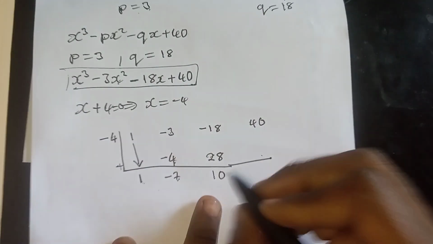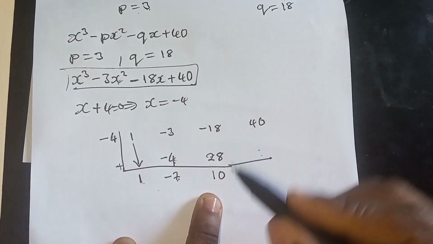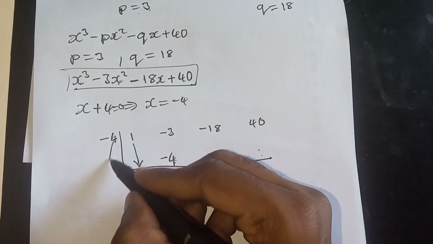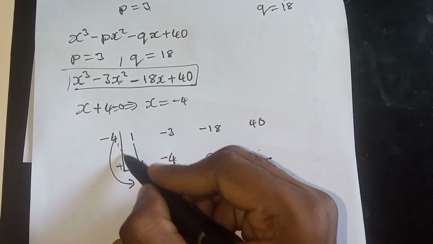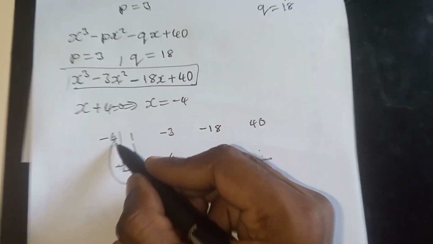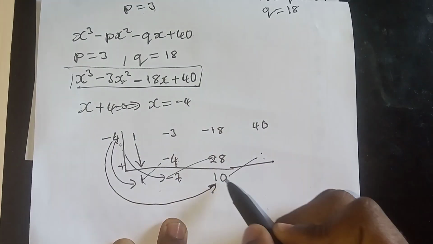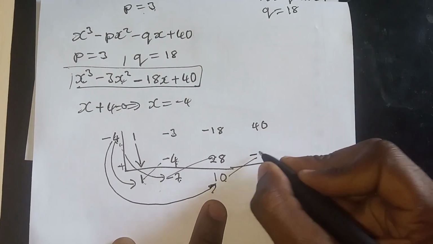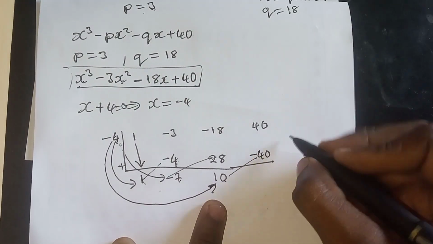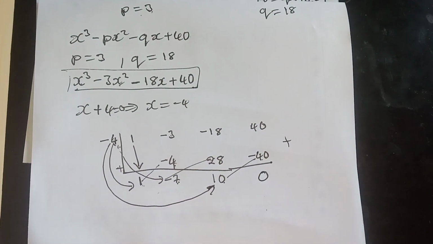After you get a 10, to get the next number you do the same thing: negative 4 multiplied by 10 is negative 40. And then this plus this is 0. So this 0 tells you that there is no remainder in this case.